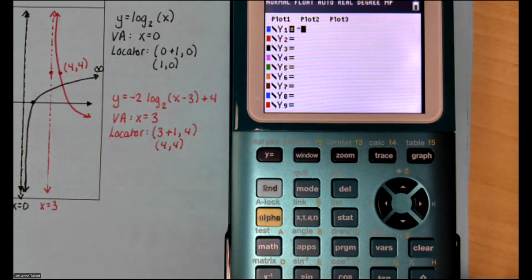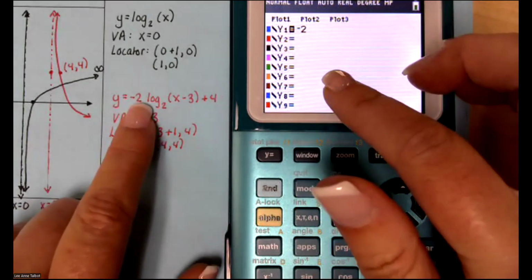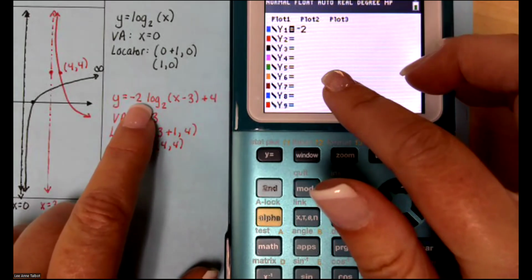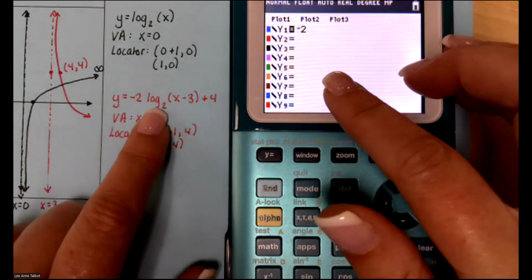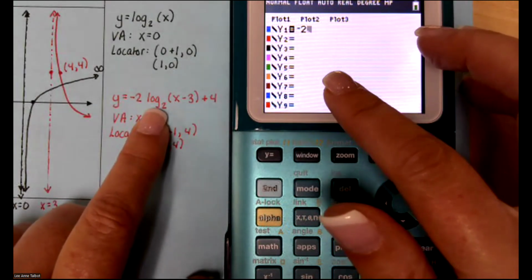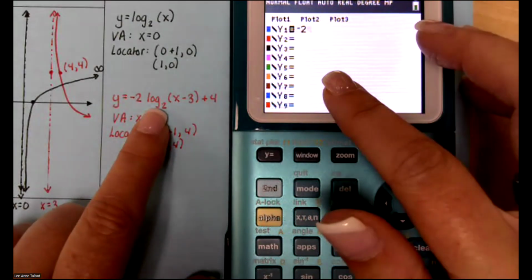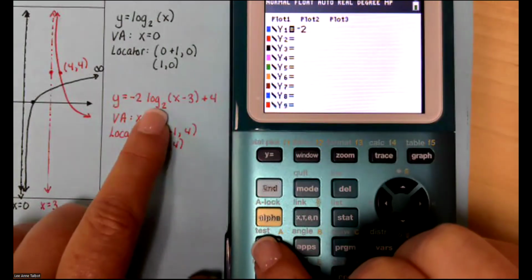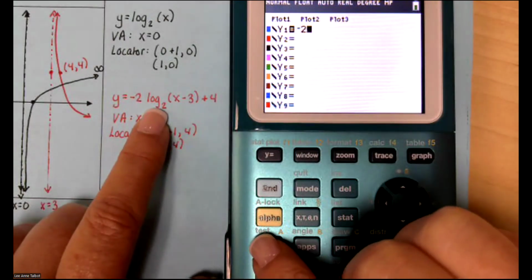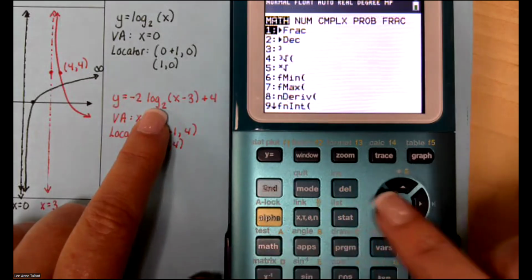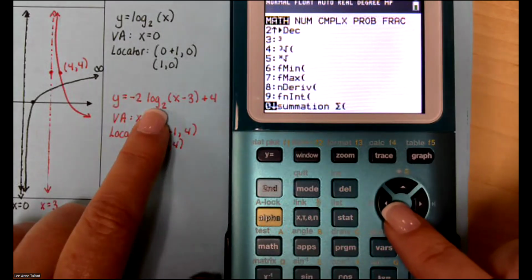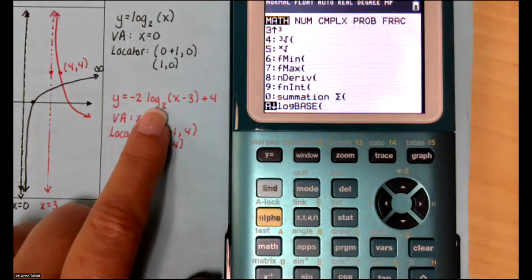So -2, I'm typing in this right here, -2. Okay. Now to get log base 2 on the newer calculators, what you do is you hit the math button. And this is an experiment, so you're seeing if your calculator has it. Hit the math button and then try to find something that says log base.